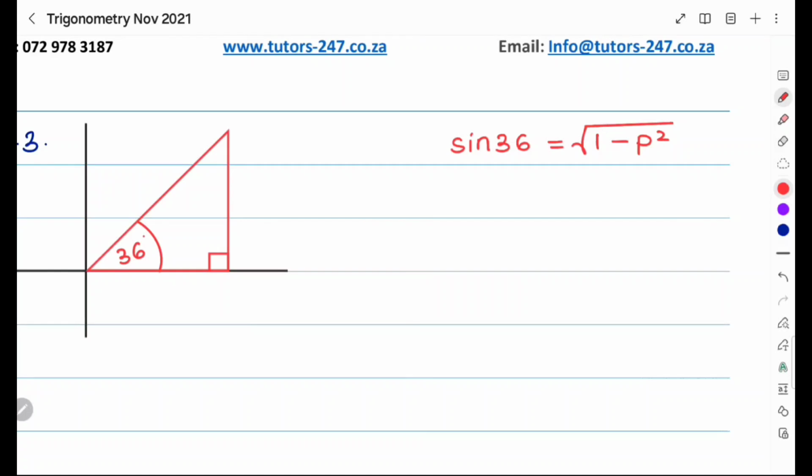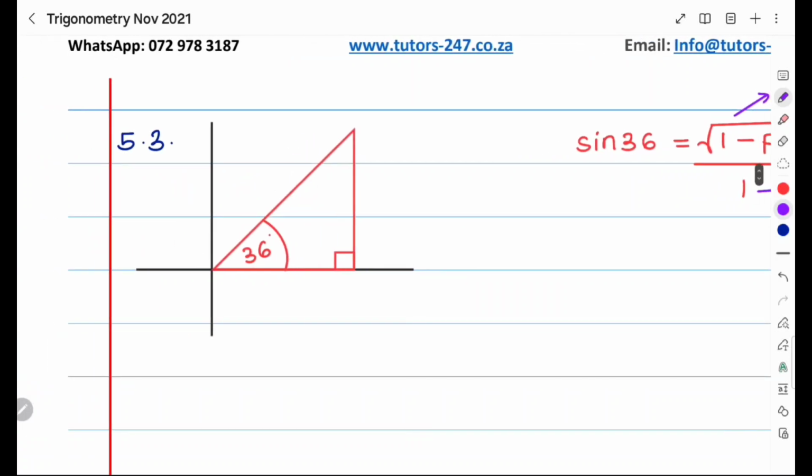Now keep in mind, as I mentioned earlier, sine is equal to the opposite over the hypotenuse. If it does not have a denominator, it means there's an invisible 1 at the bottom, which means that the numerator is our opposite side, we can call it y, and the denominator is our hypotenuse, we can call it r.